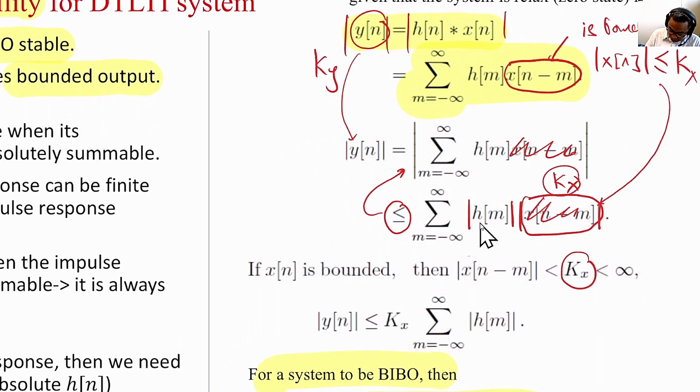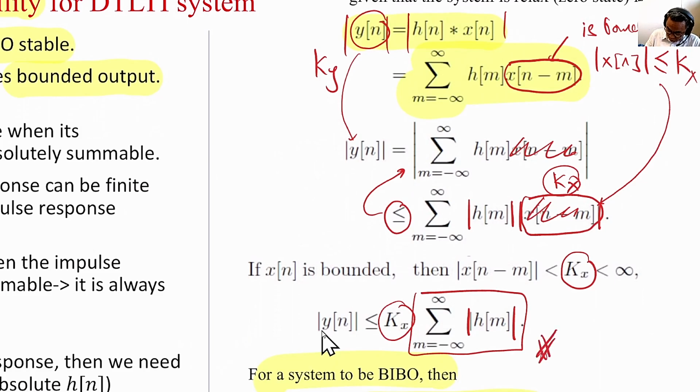So we move the kx outside, and we are now left with the output being only affected by the impulse response, or I should say whether the impulse response is absolutely summable. Once the impulse response is absolutely summable, this value times the maximum value of k will bound my output.